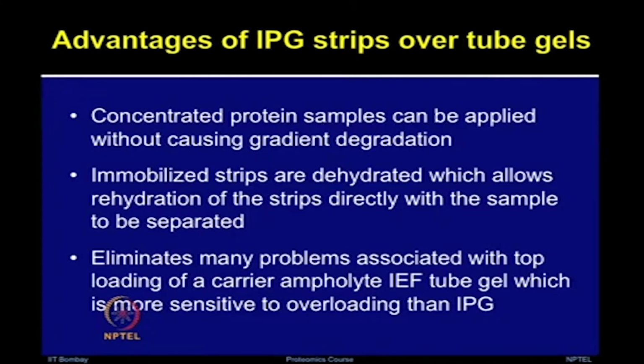So, concentrated protein samples can be applied on the IPG strip without causing gradient degradation, which is another advantage of using this method over tube gel. You can take an IPG strip and apply your protein sample so that it is absorbed on the strip, and then protein can be separated in the electric field based on isoelectric point.